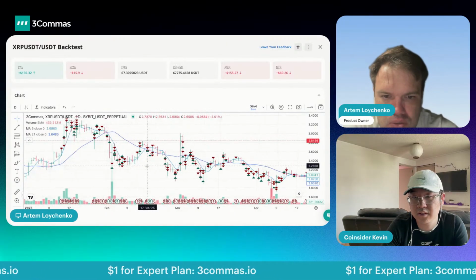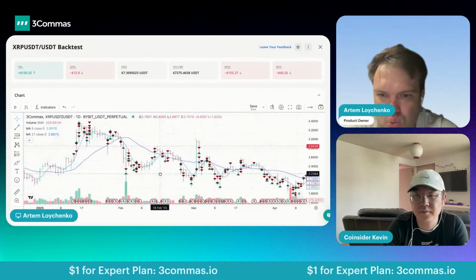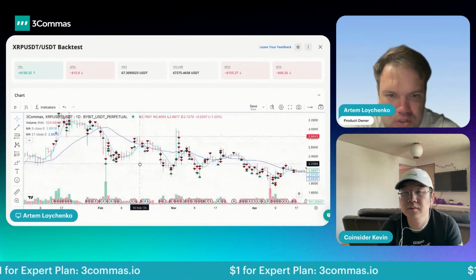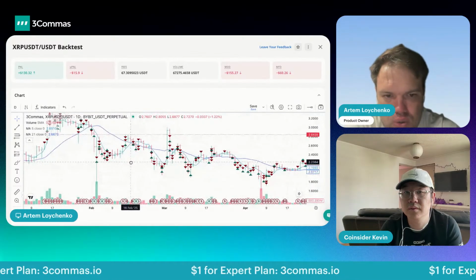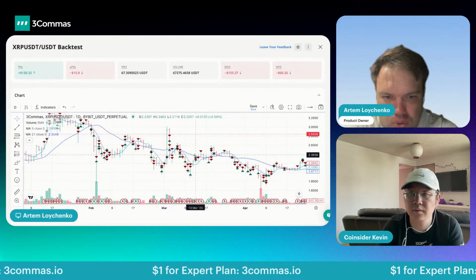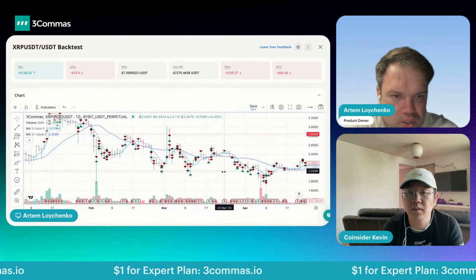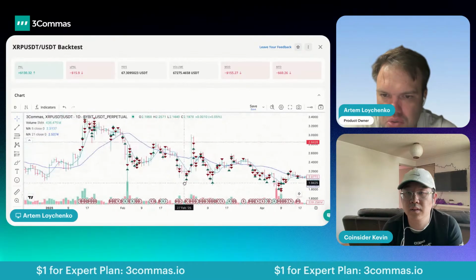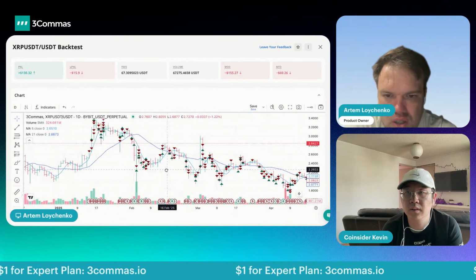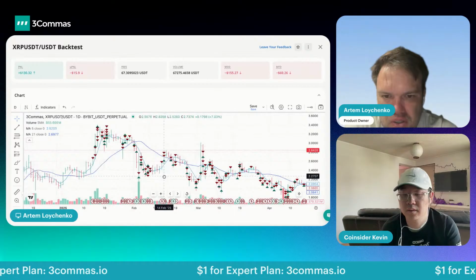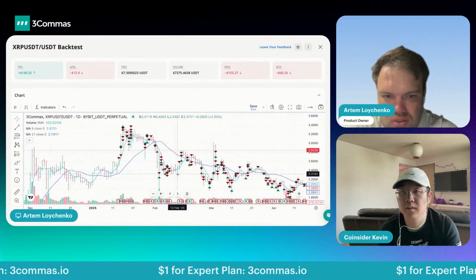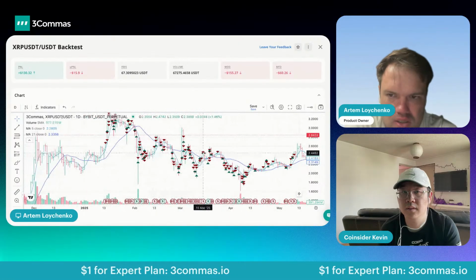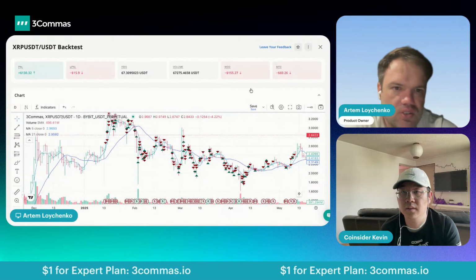Just returning back to this one, I'm trying to figure out what I don't like. From the point of view of trying to be a safe trader, I can look at where the stop losses were hit and where we re-entered the market, and I don't actually want to change anything in this strategy, because for this market, which is not directly short, I would say it is short and volatile, this setup is pretty nice.